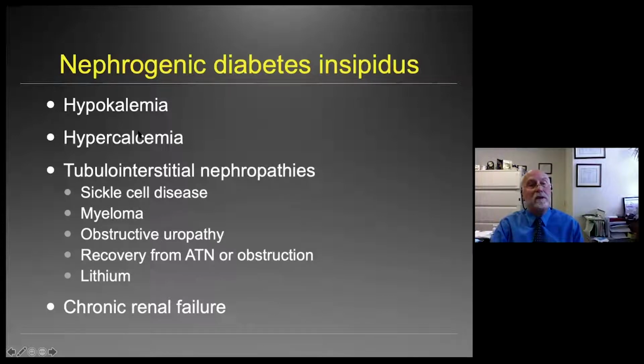And then there are two electrolyte disorders to keep in mind, particularly for the boards, when they are present in a chronic condition, can also lead to diabetes insipidus, and that would be chronic hypokalemia or chronic hypercalcemia. And chronic renal failure is listed, but it's an unusual manifestation of chronic renal failure.